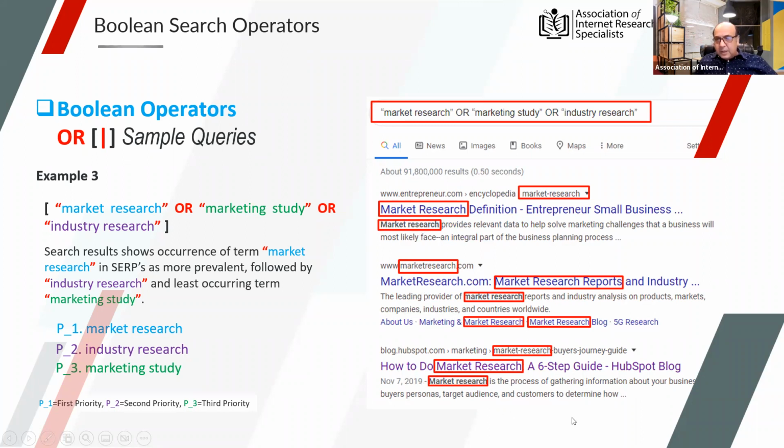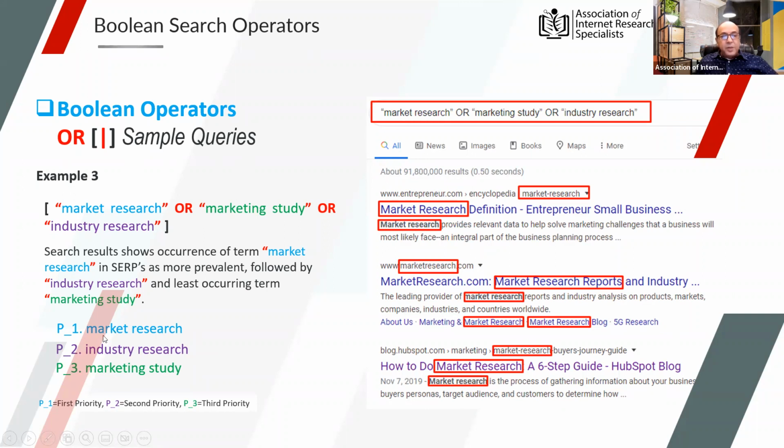Industry research is priority 2, and marketing study is priority 3. That means the least popular is marketing study, and the most popular is market research.